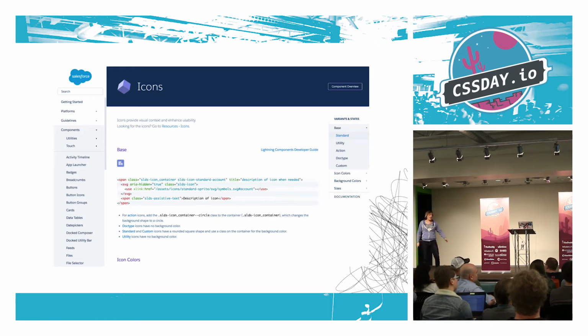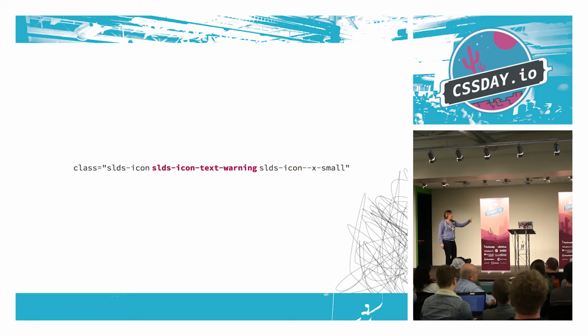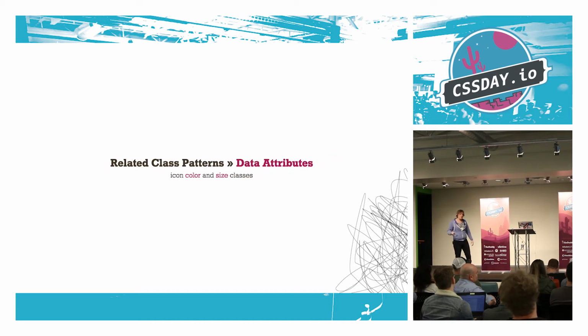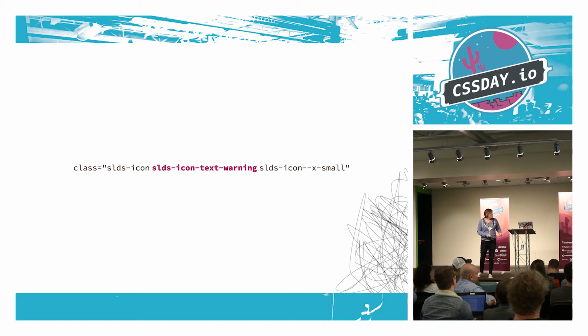Okay, so looking at icons again, that's the first thing that we're going to need. Here's their system. It's got all these classes. Like I said, I don't need to use classes because I don't have the same constraints. Anytime that I see that I've got a set of classes that are all being used in a system, like SLDS icon text warning, that's a system.